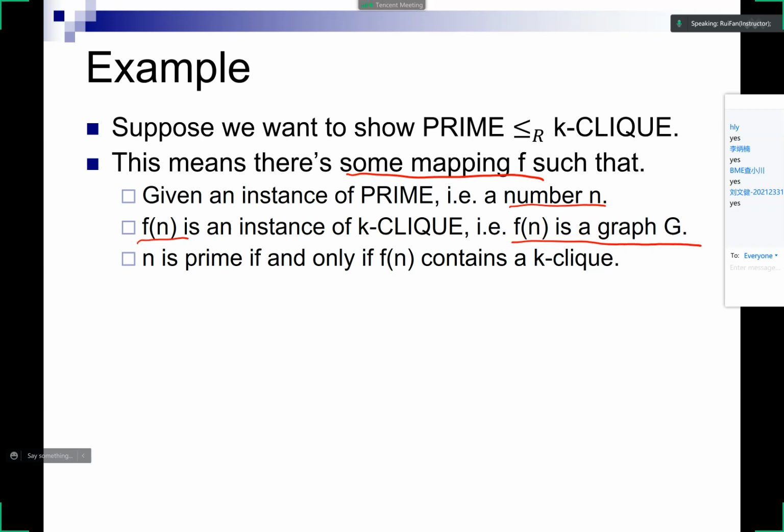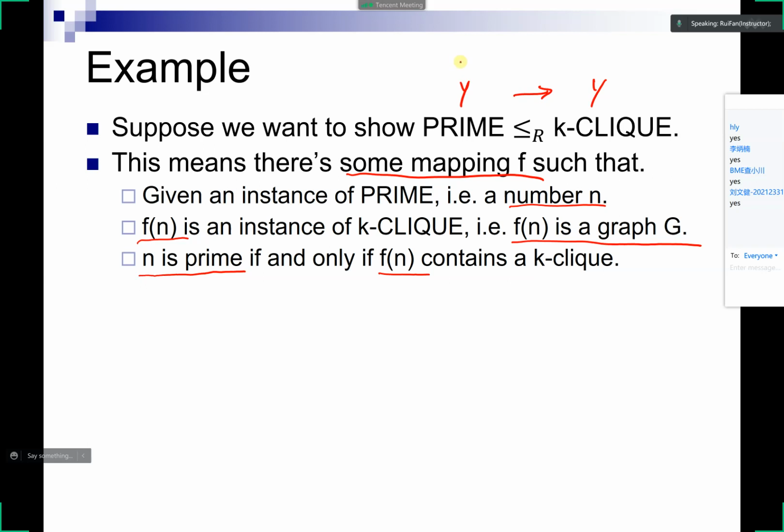Furthermore, we have to have that if n is a yes instance of prime, so n itself is a prime number, then f of n must have a k-clique. So a yes instance of prime is going to map to a yes instance of k-clique.